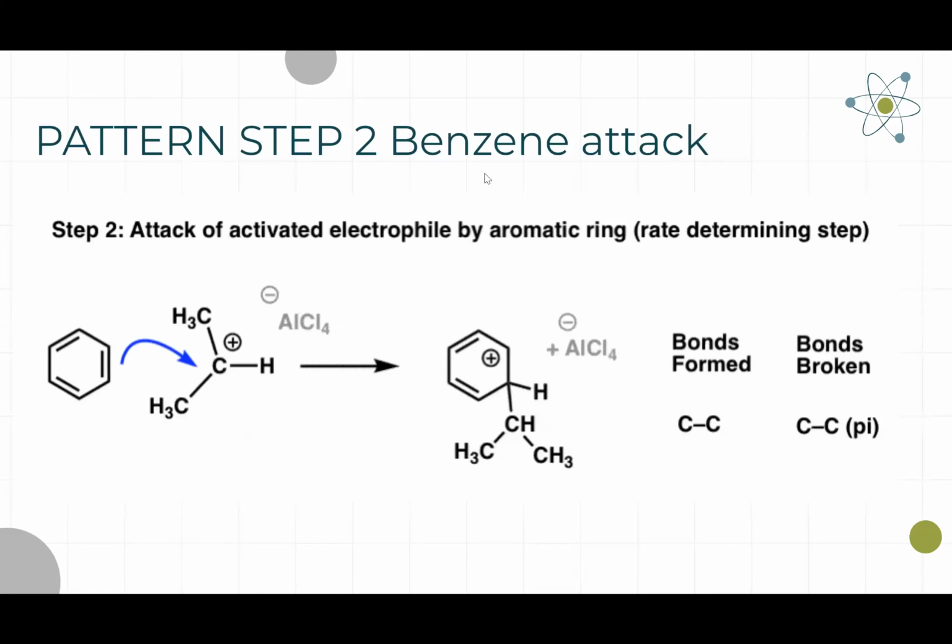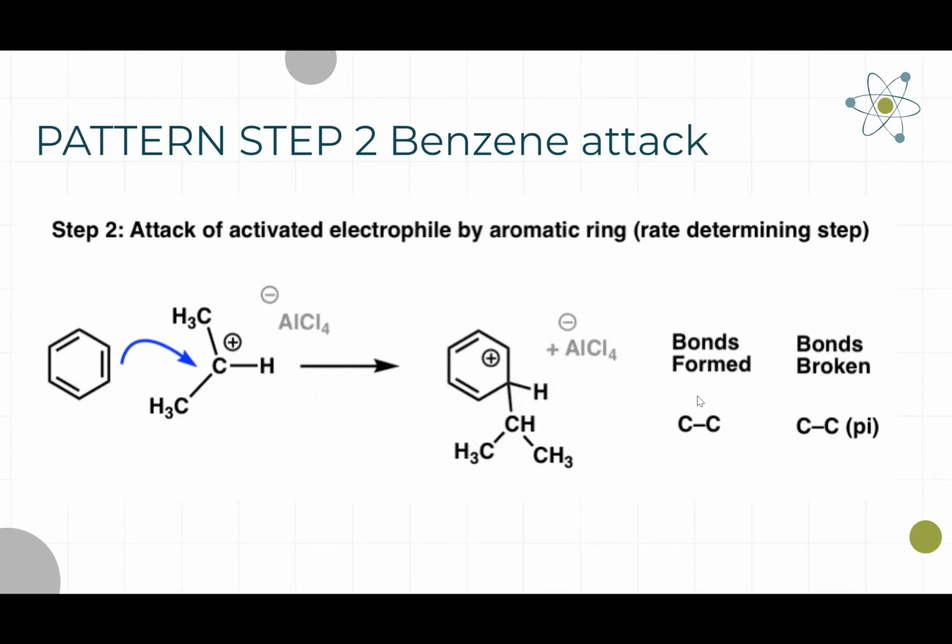Anyways, let's continue. The second step, once you form a good electrophile, is that the benzene ring attacks. In this case, this is the acylation, alkylation, which is going to form a positive carbon here, and it's going to prompt the benzene ring to attack. And note how in electrophilic aromatic substitution you form a cation, right?